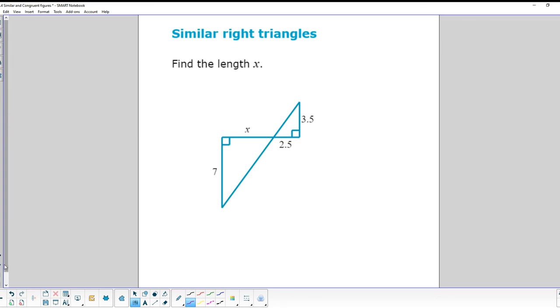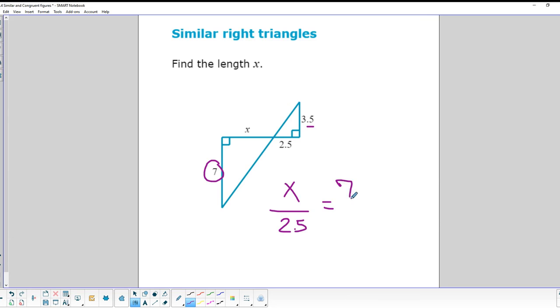Okay, similar right triangles, find the length of x. So to find x, I write down x. Then I make a ratio between x and the corresponding side on the other triangle, the smaller one or the bigger one, whatever the case may be. Then I make another ratio of the smaller to the, or bigger to the smaller side with the other two measurements.